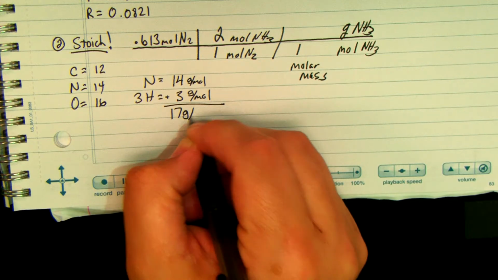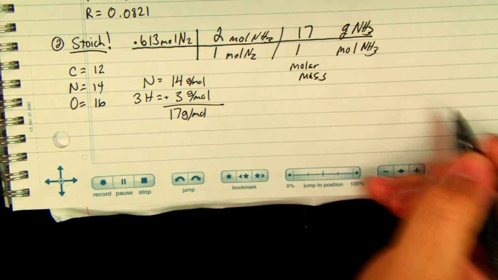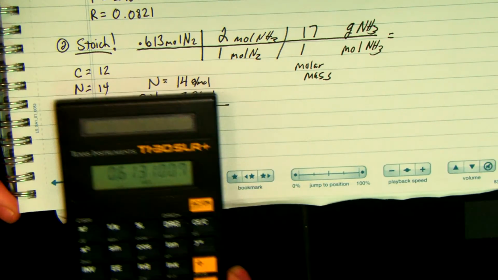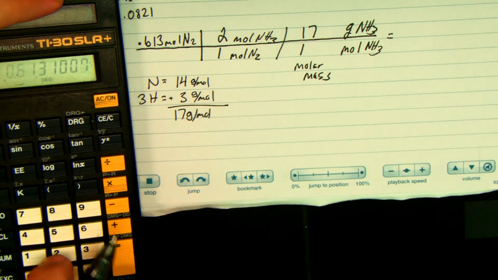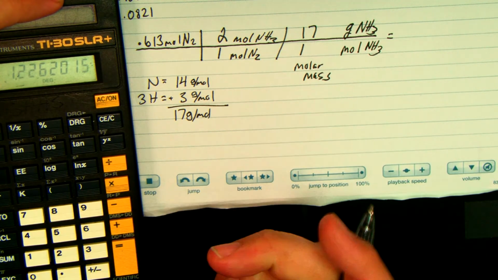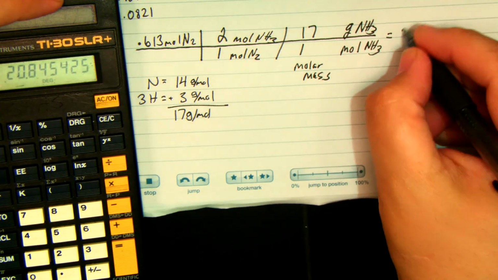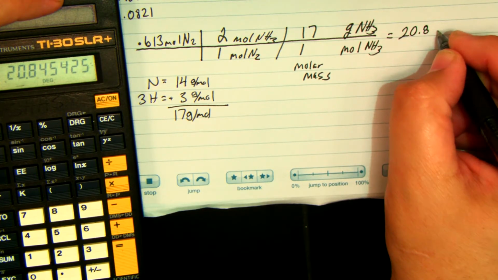So it's 17 grams per 1 mole. And now, once again, we're going to use our math skills here. Multiply by 2, because I had the moles in there already, and then multiply by 17. And we get 20.8 grams of NH3.